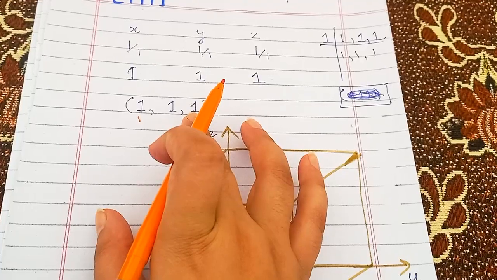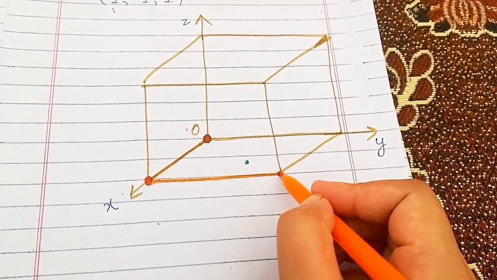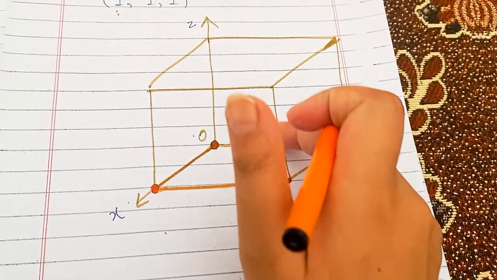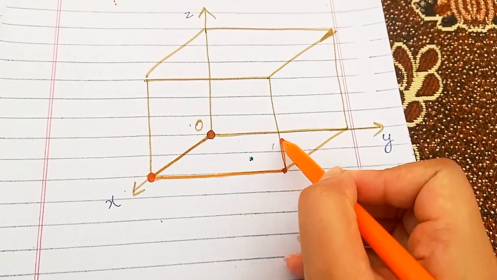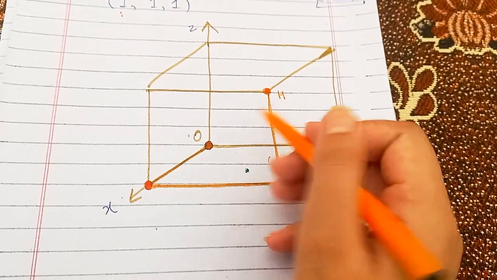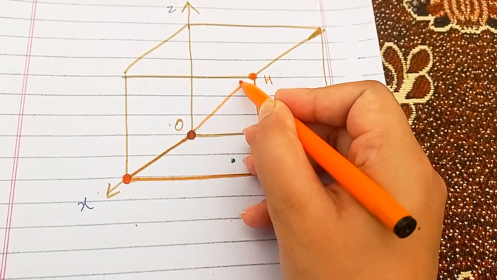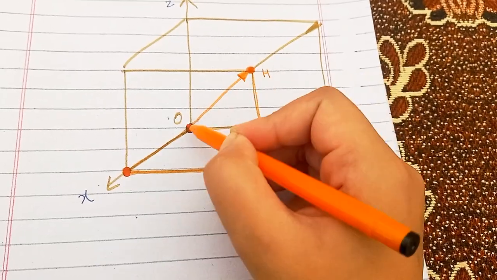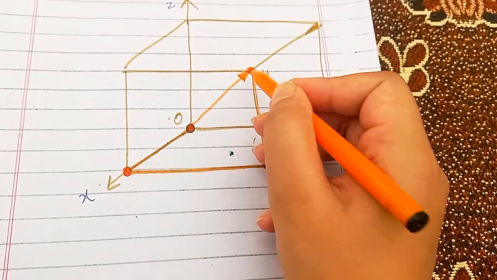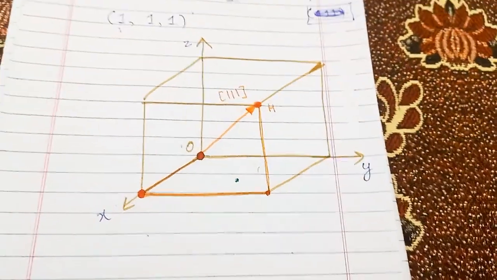Then we have 1 as the z coordinate, which means from this point onward, we'll move 1 unit along z direction, vertically upward, and this is the final point. This is the head of the vector. So tail and head will be joined together like that, and this is the direction. It is the 1 1 1 direction.